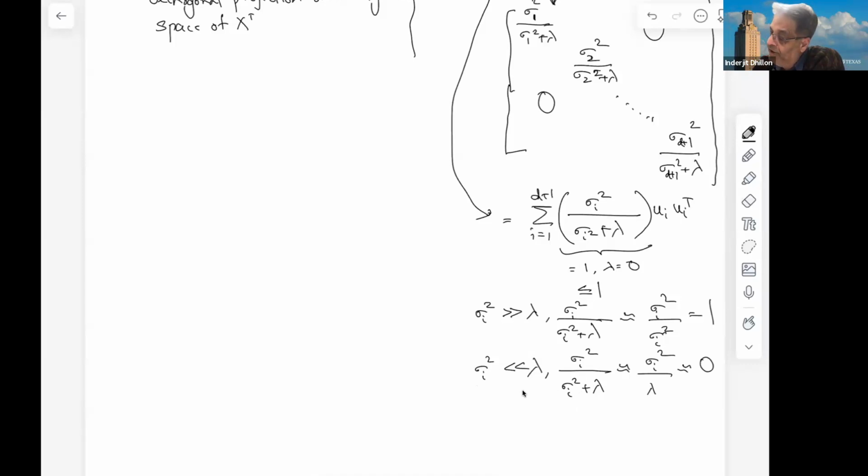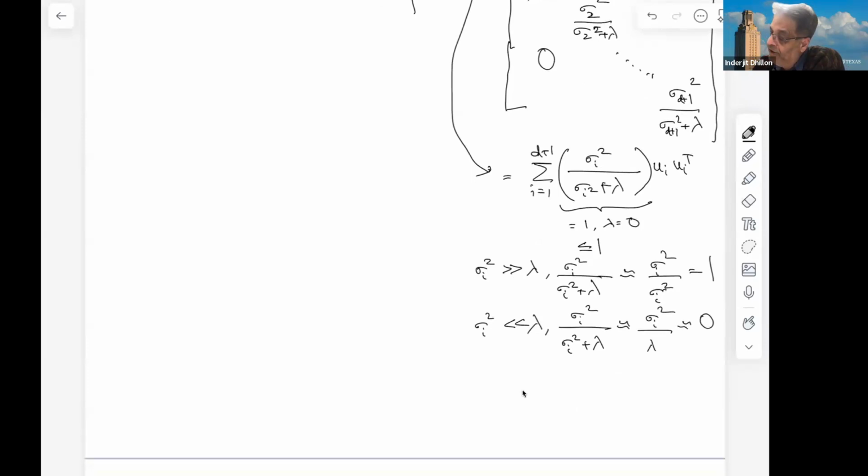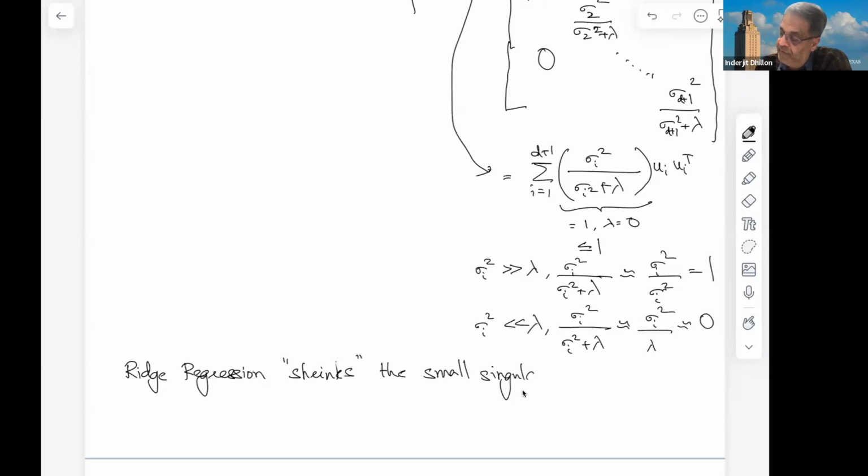Okay. So what ridge regression does, and we are able to only do this analysis by looking carefully at the singular value decomposition, what ridge regression does is it shrinks the small singular values to 0.